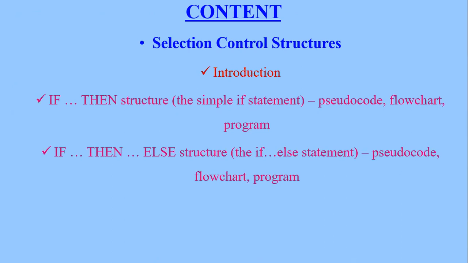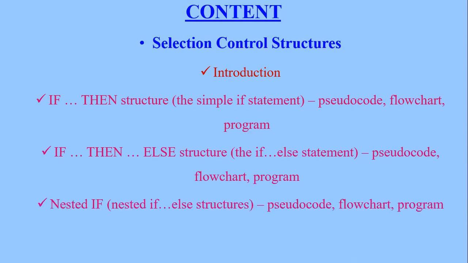I'll then look at the if-then-else control structure that we also call the if-else in C. And I am going to show you a pseudocode, a flowchart, and a program in C and Pascal implementing this structure. We shall then look at the nested if that we also call the nested if-else structure.